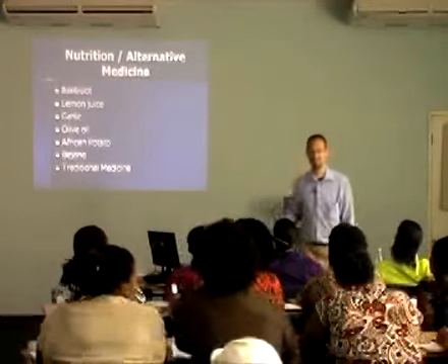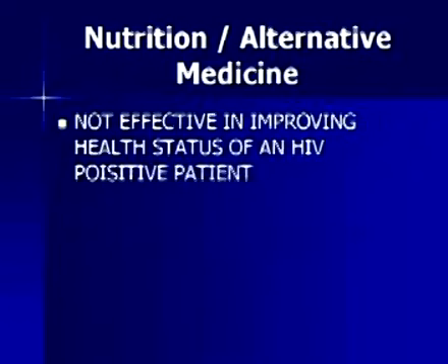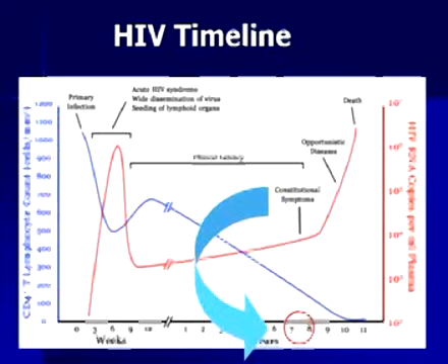How come people take it if it doesn't work? Well, they're not effective in improving the health status of an HIV-positive patient unless you're starving and malnourished. Then, of course, eating a proper diet, getting them out of starvation and malnutrition, will help prolong their life.